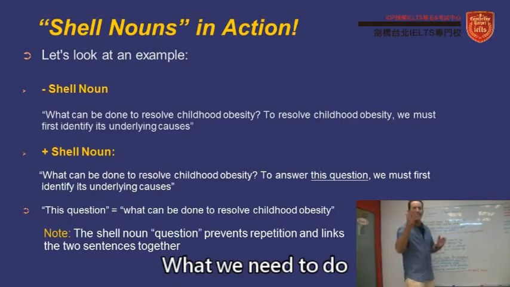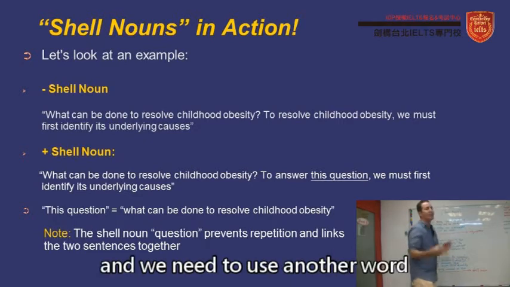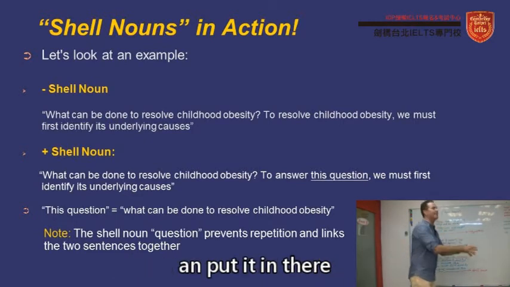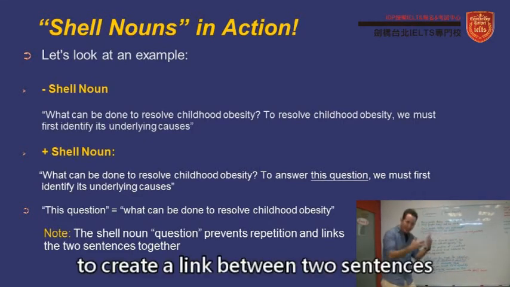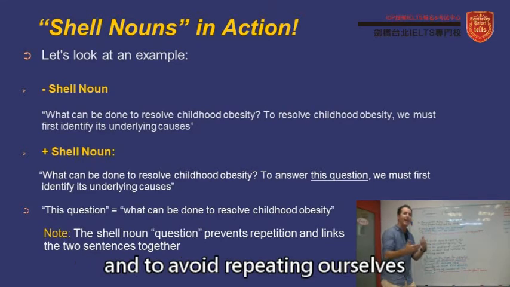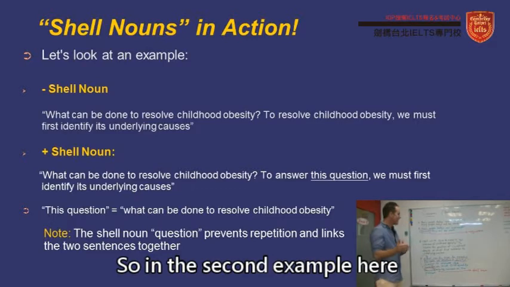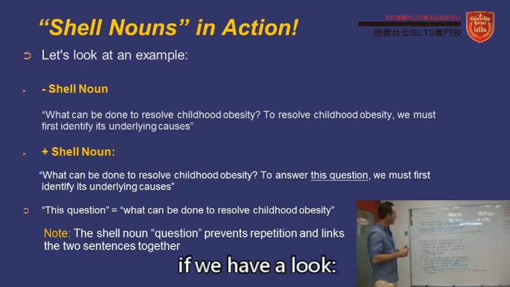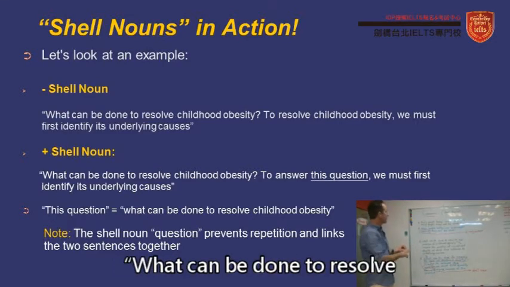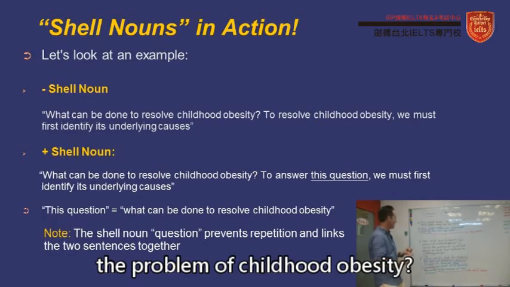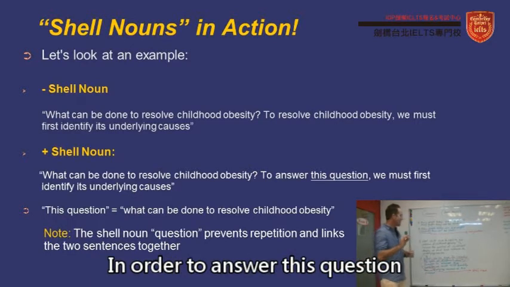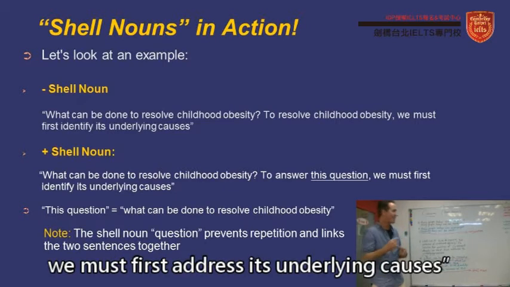What we need to do, we need to cut out that phrase, and we need to use another word and put it in there to create a link between the two sentences and to avoid repeating ourselves.